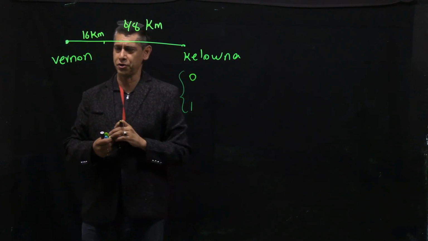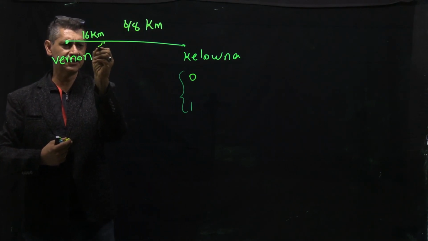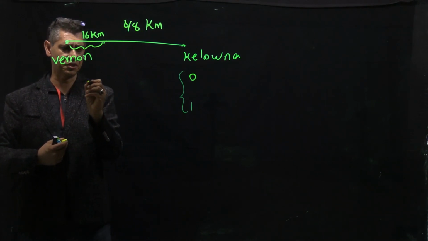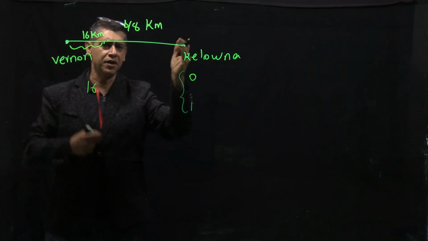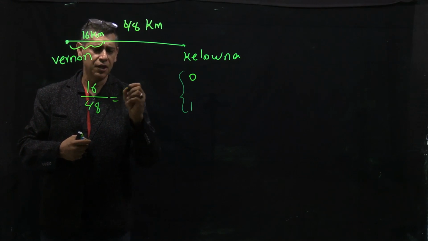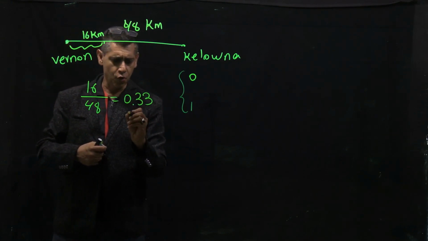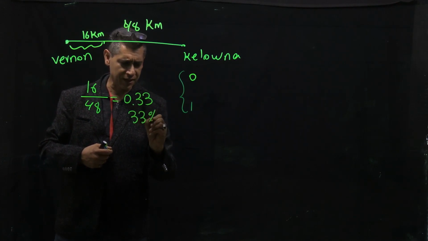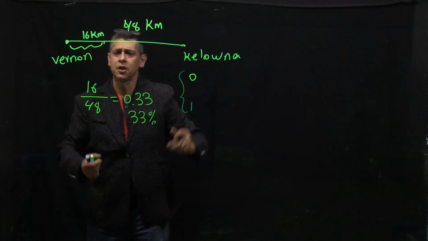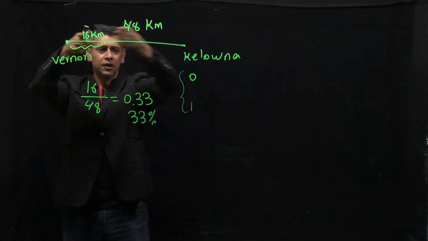How close are you to Kelowna? The math is you take this length, which is 16, divided by the entire distance, which is 48, and that's 0.33 or 33%. So you say, I'm 33% close to Kelowna. That's exactly the inverse lever law. This to the whole thing.